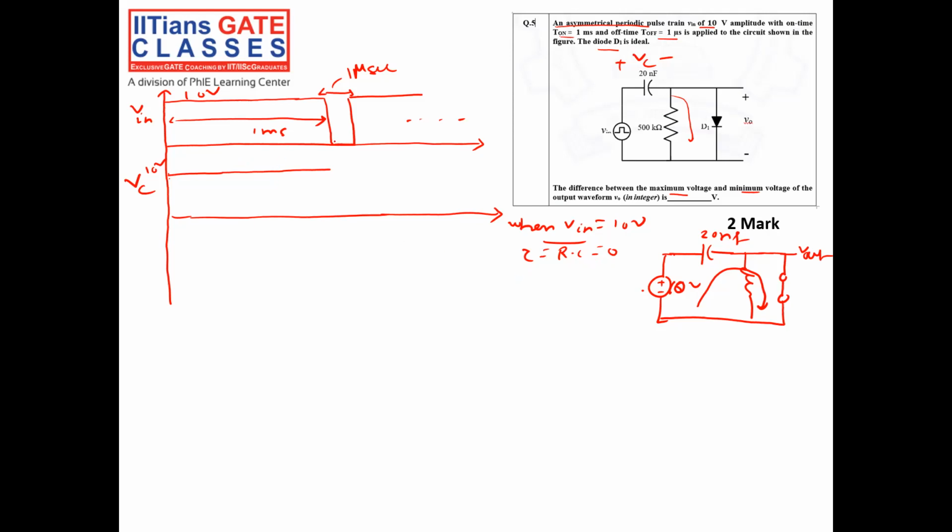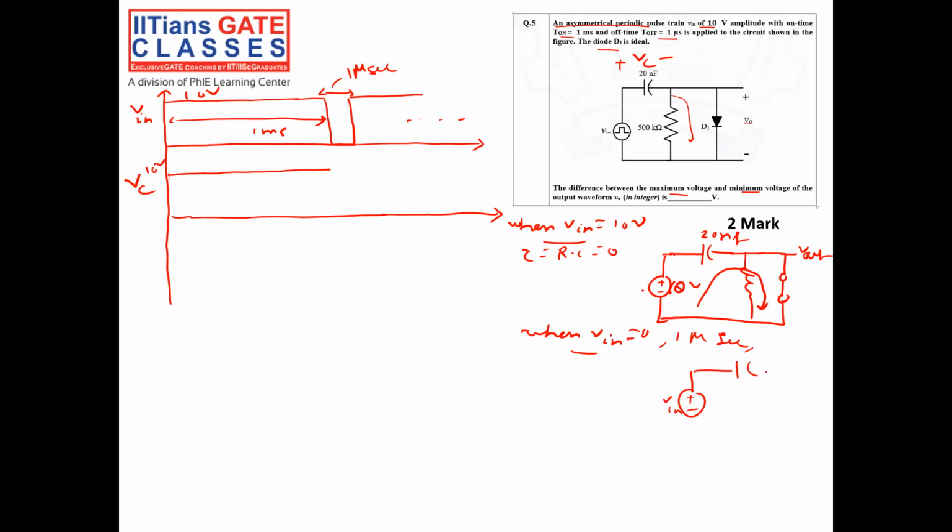Now when I apply input 0, the diode will be reverse biased, and a reverse biased diode behaves like an open circuit. So when V in is equal to 0 for 1 microsecond, what will the circuit be?